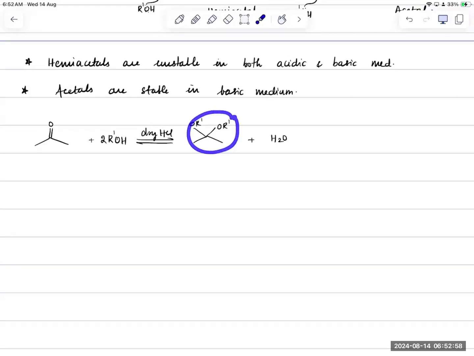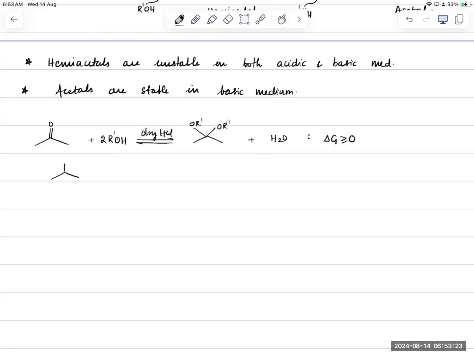The problem here is, one thing, ketones are very less reactive towards nucleophile addition. Second thing, once you get this, it is hugely crowded, and it will immediately hydrolyze and come back. So reaction feasibility is very low here. Delta H is closer to positive or zero for this reaction.